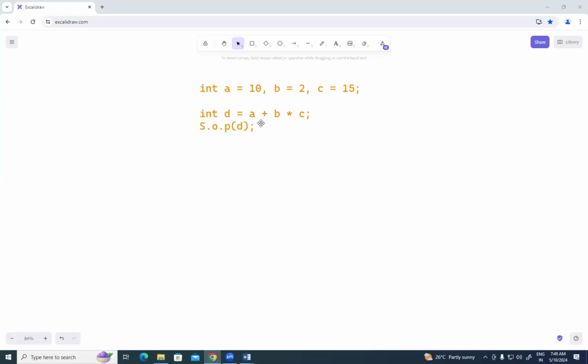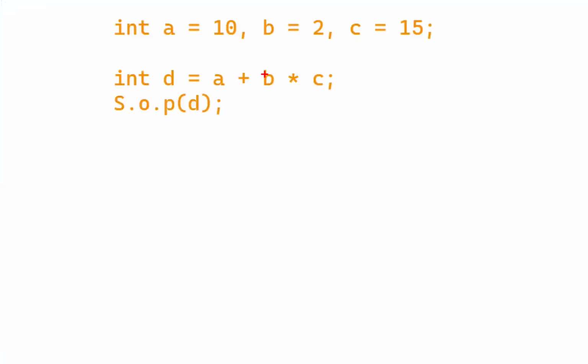Because in this expression, you have plus. Plus is called which operator? Addition operator. Star is called which operator? Multiplication operator. So the question is, which operator will be evaluated first? Multiplication, not the addition. Am I clear?